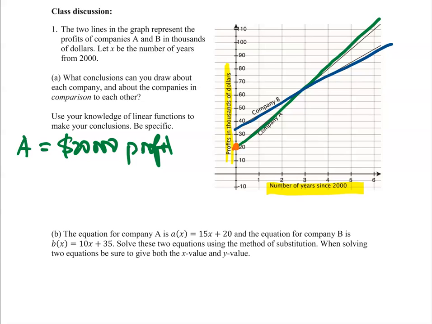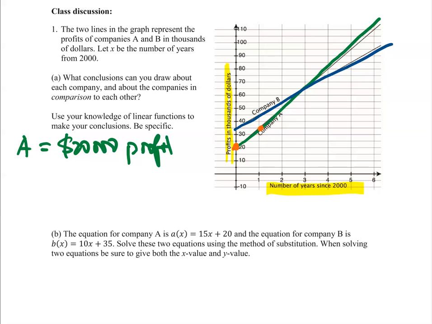And since your x-axis is the number of years since 2000, every year, how much is the profit? What's the increase? So remember, that is the slope. Say from the year 2000, and after a year, this is 2001.